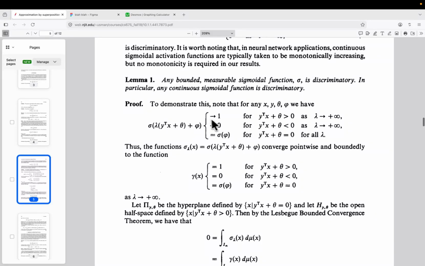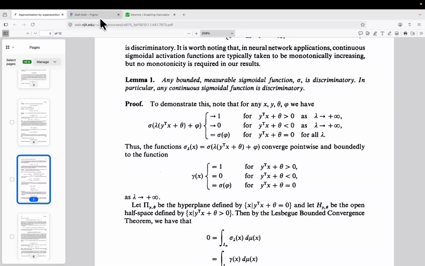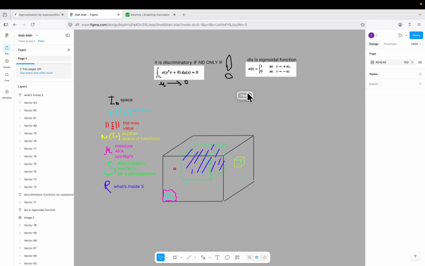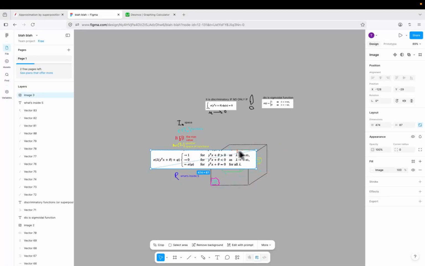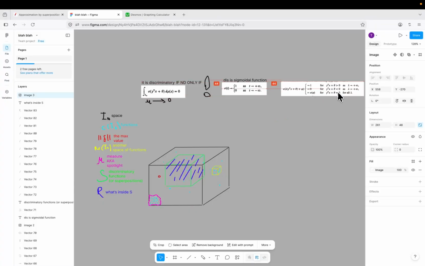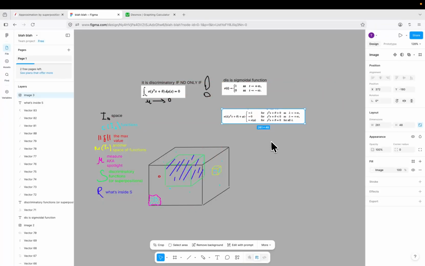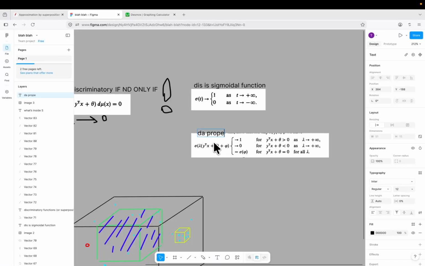Alright, cool. Let's actually screenshot that property, because I think it's going to be interesting. It's going to be the property of it.